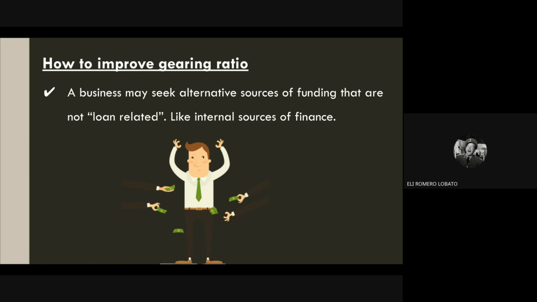Tips to improve the gearing ratio. A business may seek alternative sources of funding, not necessarily loan-related, because loan-related means long-term. For example, internal sources of finance. Do you remember?